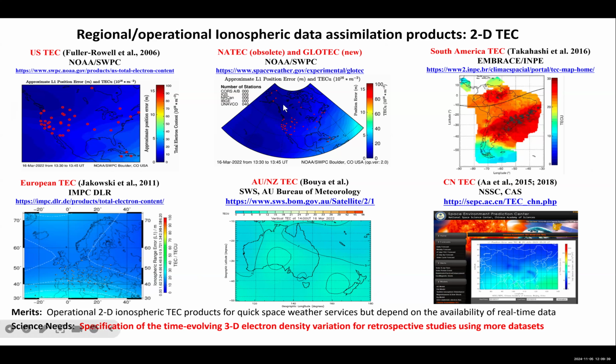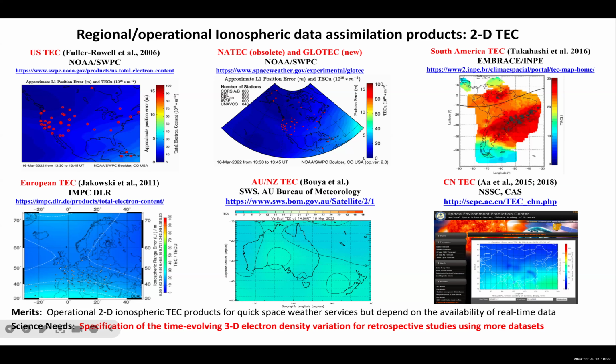They used to have another version called a North American TEC, but this one was replaced by the GeoDAWG recently. And of course, there are also other TEC products over the South American sectors, over Europe, over Australia, and over China and adjacent regions.